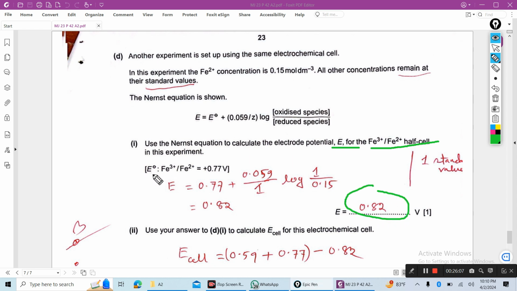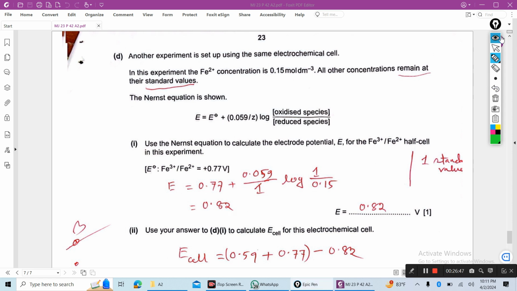So the standard electrode potential of the half cell is given as plus 0.77, and now the E naught value is given, and 0.059 and this 1 log this 1, this 0.15. So if you calculate, you get 0.82 volt for this equation.